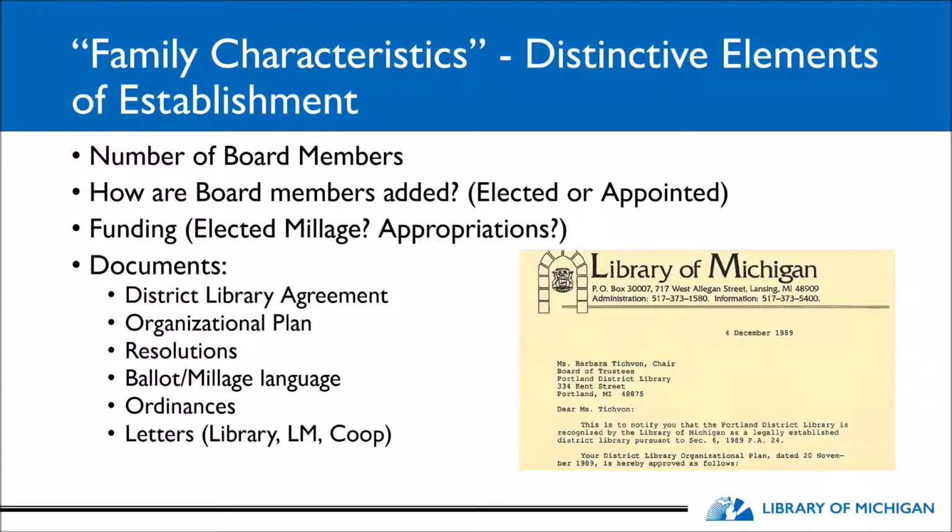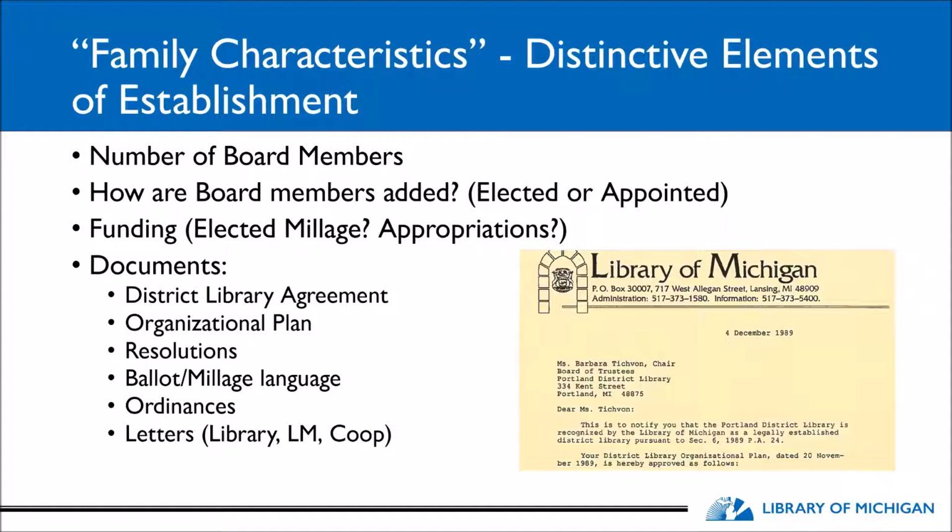Another thing that can give you a good indication is your funding. If you have a millage, an elected millage, then chances are you're probably either a district library or a PA 164. If your library has an appropriation, then it's a good bet that you could be either a city home rule library or a city section 1 library under PA 164, because those are the two types of city libraries where you would get a city appropriation as opposed to a millage.